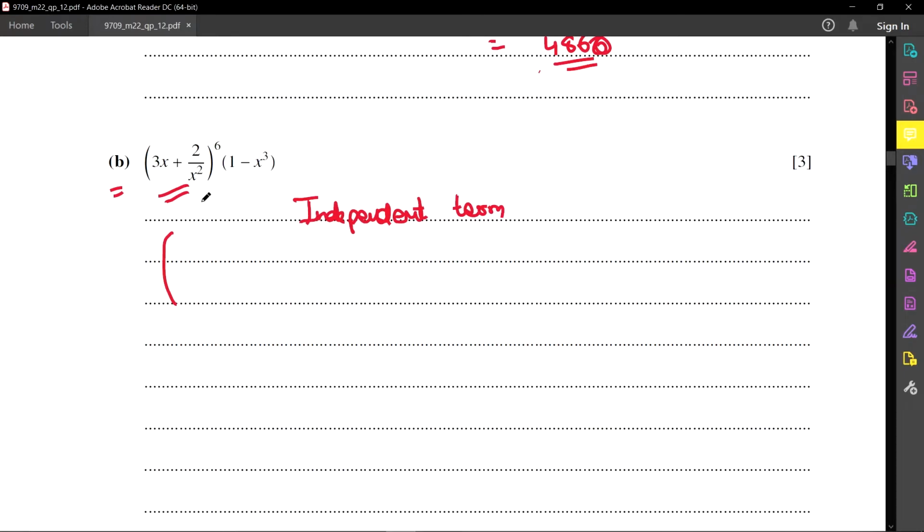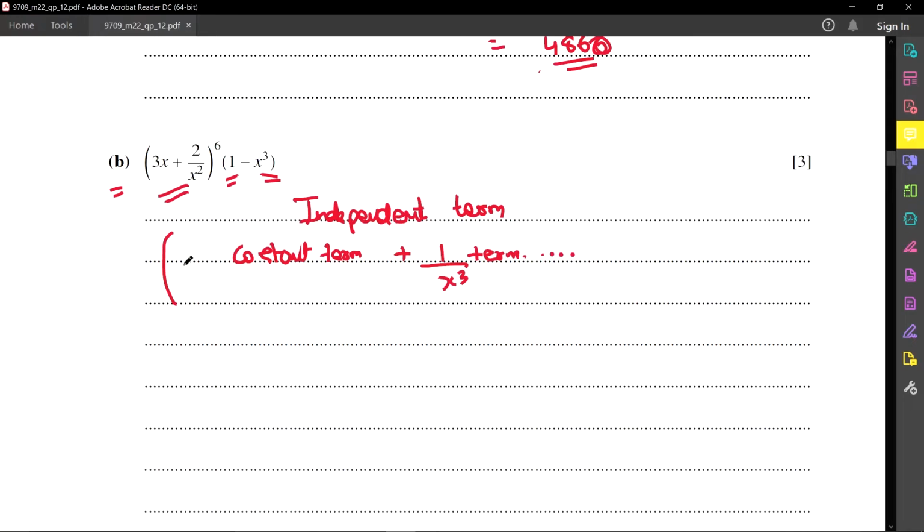So here, if you look at it, this is the constant 1 and this is the term of x cube, which means you need the constant term or the independent term of x, and the 1 by x cube term.